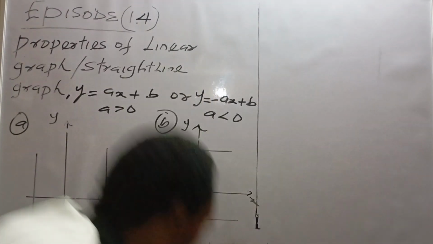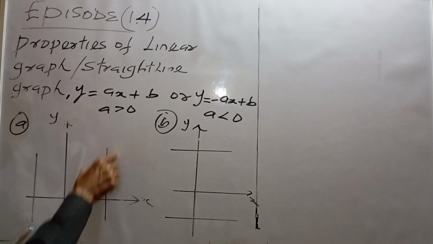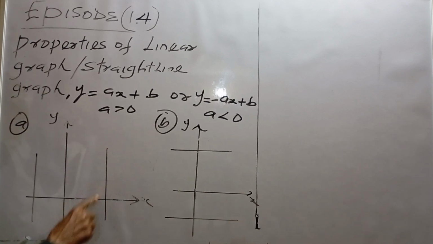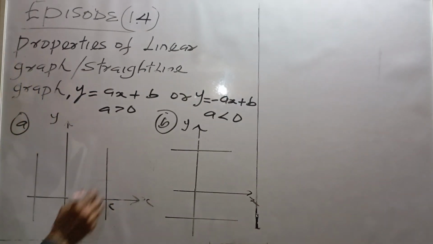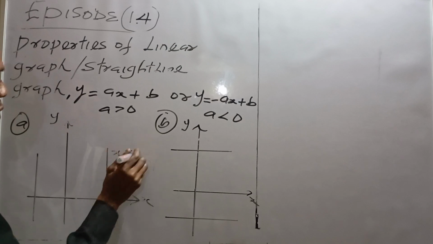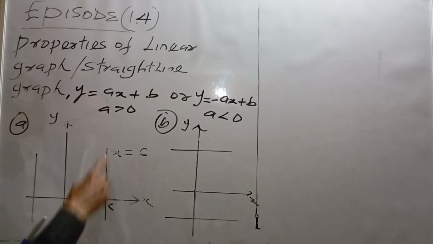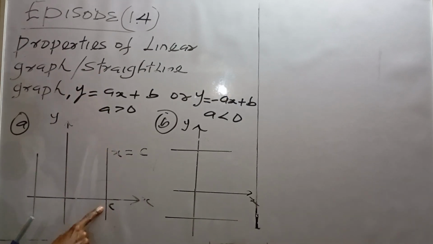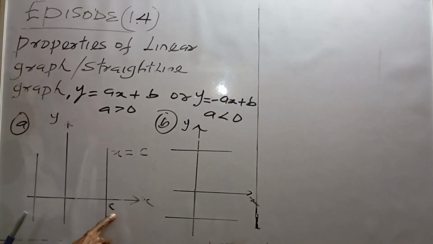When you see the line in this form, the straight line intersects the x-axis at a point which we can give as C. It means that x equals C. Here it means that the gradient does not exist, because gradient has to do with slope, but here it does not slope. This is just vertical, and it cuts the x-axis at a point. That point could represent any value, but let us represent it with C here.